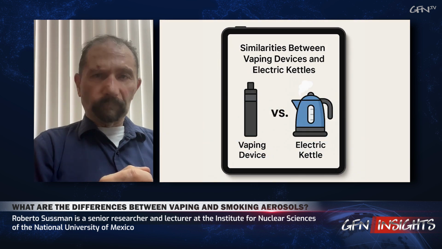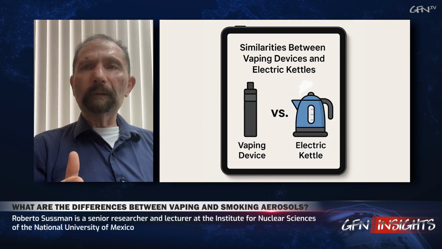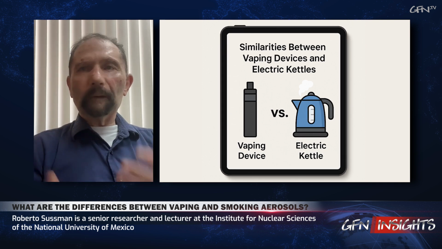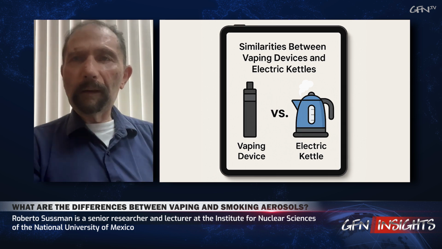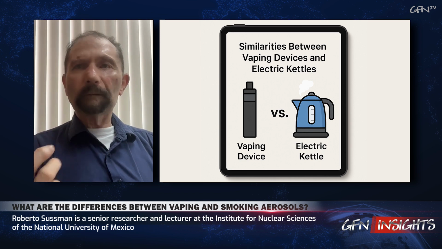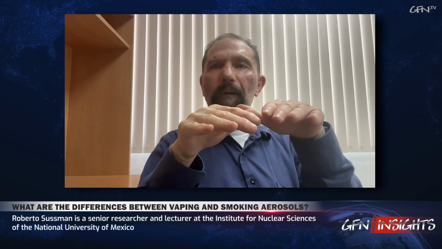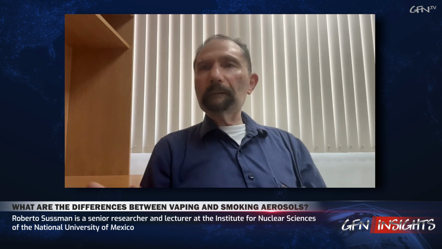Okay, so what's the similarity between a vaping device and a kettle? The kettle also has a metallic element, a heating element made of metal. Typically, it's a coil, and it is immersed in a liquid, right? And what's the case in vaping?